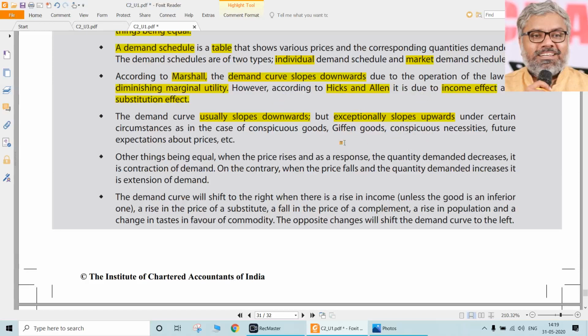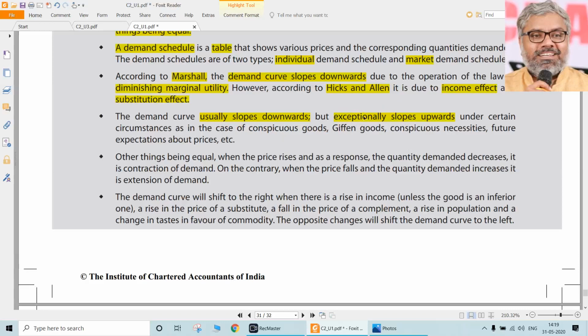Because these are exceptions, it is not necessarily sloping downwards. It may slope upwards, it may not change also. It might happen in any way. Don't take this sloping upwards in a literal sense. But one thing for sure, it may not slope downwards in the exceptional cases.